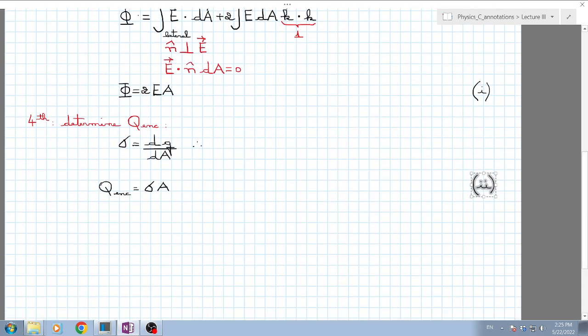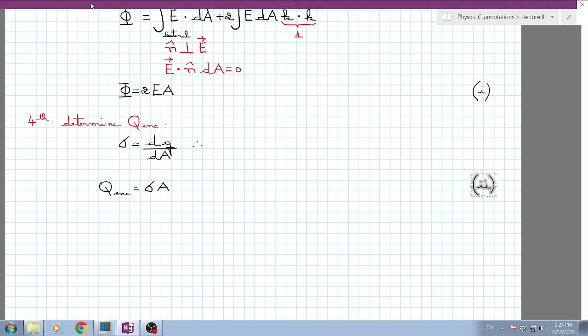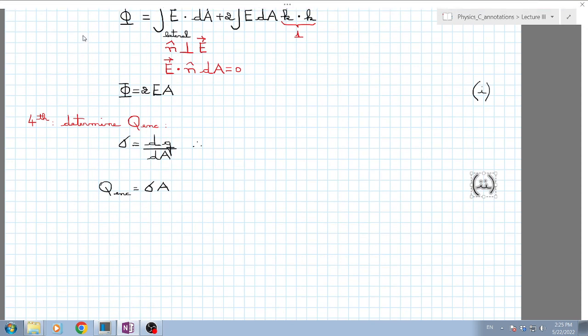And finally the fifth step is to find an expression for the electric field. And for that it is very easy. I just have to substitute equations 1 and 2 in Gauss law.